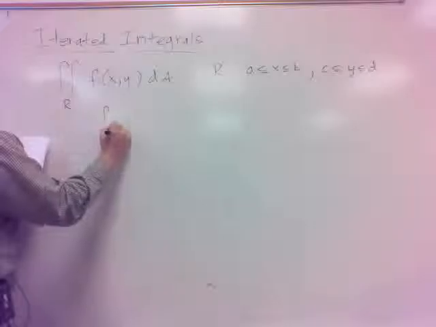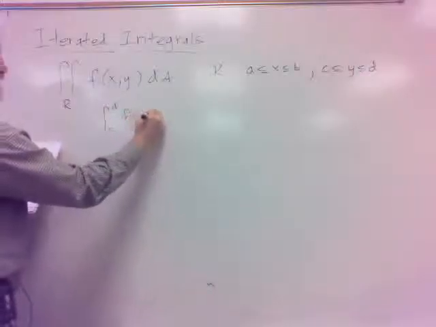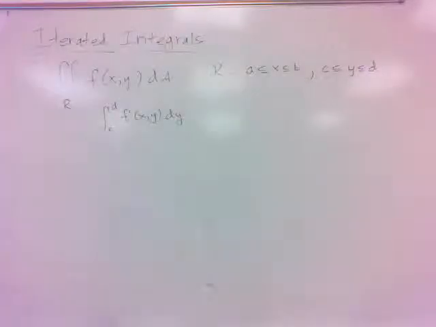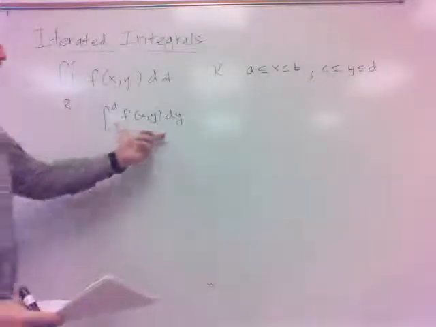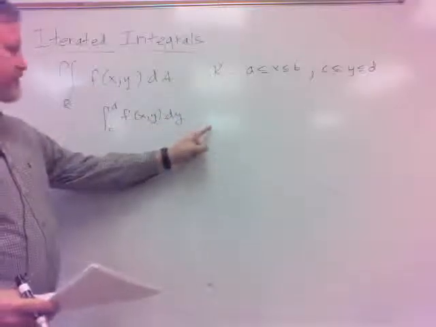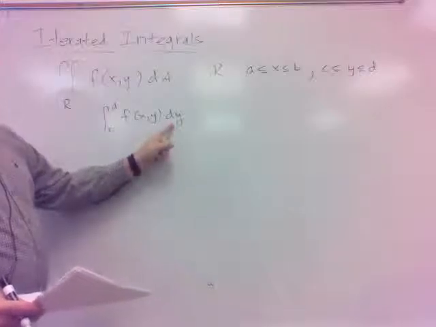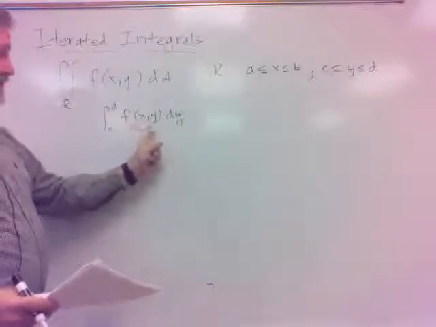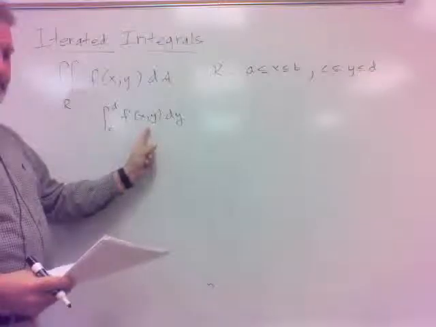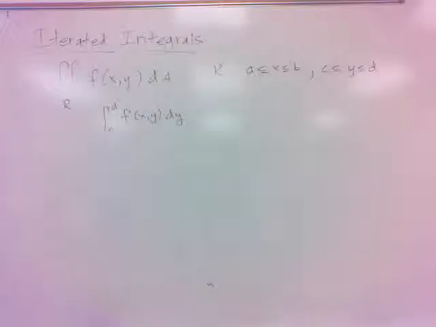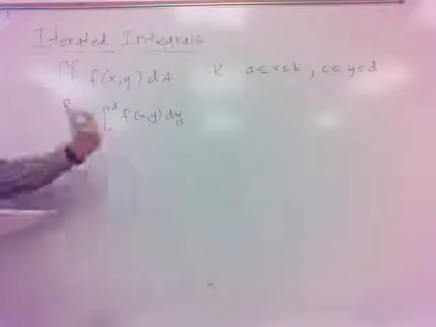We can think of the integral from c to d of f(x,y) dy as one of the pieces here, and that would be holding x fixed, because we're integrating with respect to y, holding x fixed in our function, and then integrating with respect to y. Okay? So it's the partial integration, if you will, similar to the partial differentiation. We're just integrating that with respect to y.